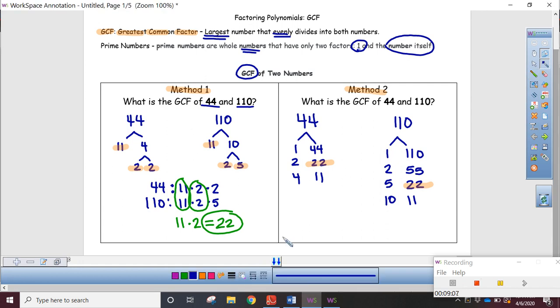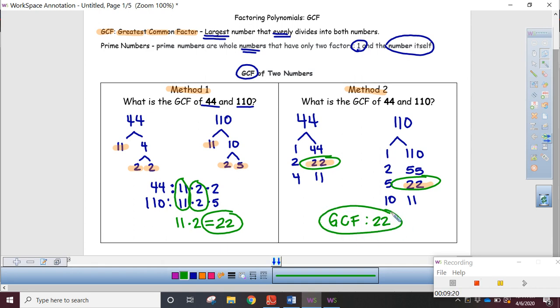And so our greatest common factor between 44 and 110 is 22. So your GCF is 22. Same answer as we got in method number 1. And again, you can now decide which one is best suited for you, either method 1 or method 2.